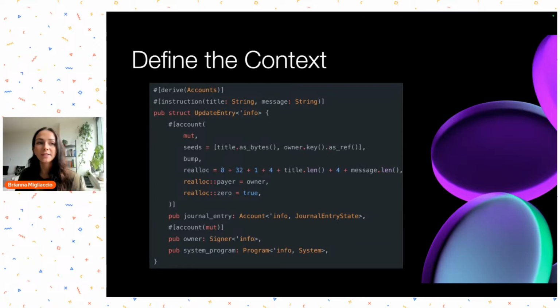But if my next message was a very long paragraph that I'm updating my account to, I'm taking up a lot more space on chain. So that has to be specified here: how much space is now being taken up with the updated information. If more space is being taken up, you have to have a payer to pay for that additional rent. And vice versa, if less space is being taken up, you have a payer that's going to receive a refund for taking up less space on chain.